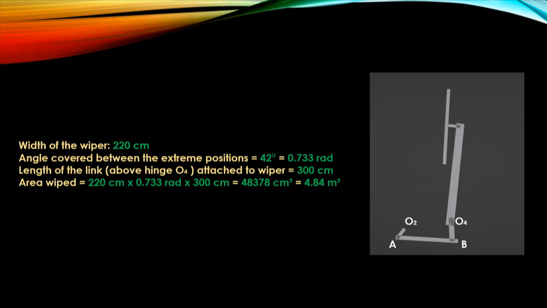Now basically we need to find the area wiped. As we can see, the angle between the extreme positions of the wiper is 42 degrees, which is also equal to 0.733 radians, and the length of the link above the hinge O4 is 300 centimeters. So the area wiped will be equal to 220 centimeters into the angle, that is 0.733 rad, into the length of the link, that is 300 centimeters, which is 483878 centimeter square.